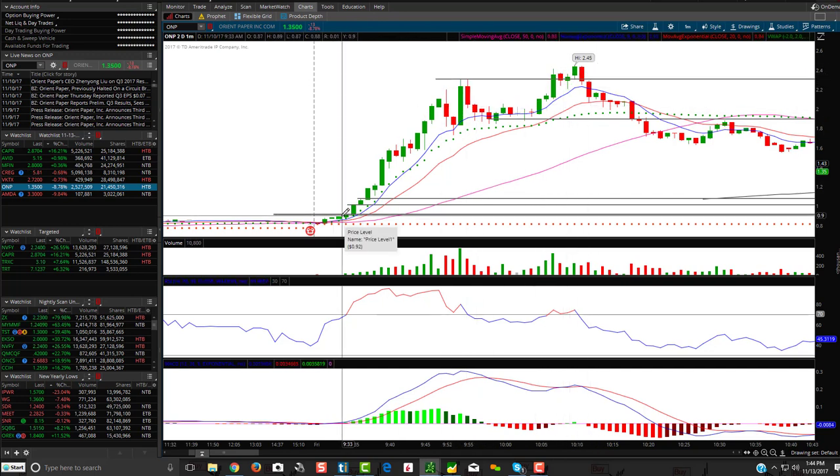There's no way to tell you the right or wrong way to do it. The best way is, number one, have proper risk management on every trade, have a predefined stop and predefined sell areas, take your profits along the way. That's the biggest thing I can stress to you.